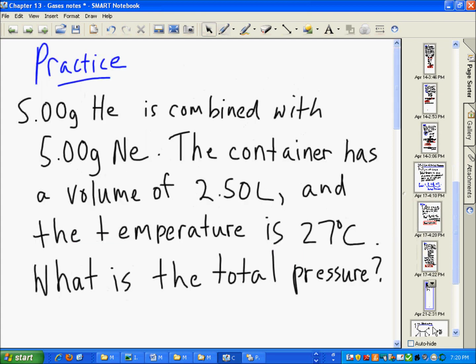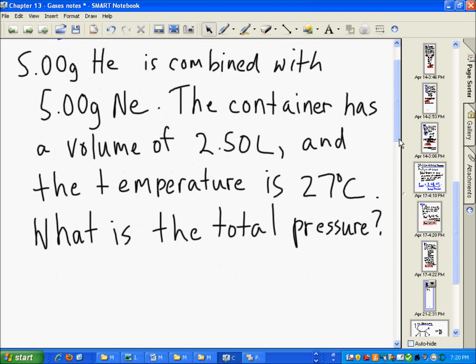Okay, what have we got here? So 5 grams of helium is combined with 5 grams of neon. The container has a volume of 2.50 liters, and the temperature is 27 degrees Celsius. What's the total pressure? So let's summarize this problem. So we have 5.00 grams of helium. So let's say the mass of helium equals 5.00 grams.